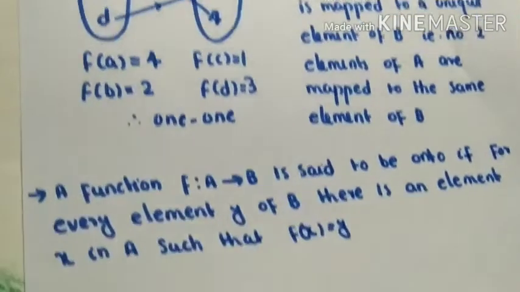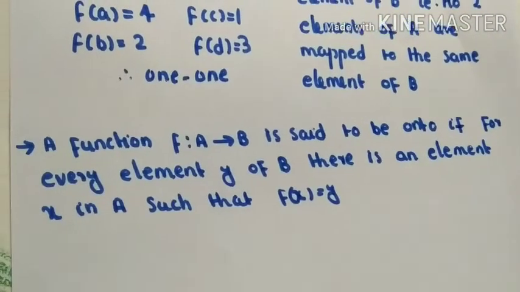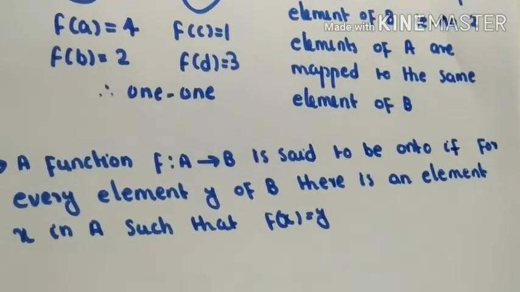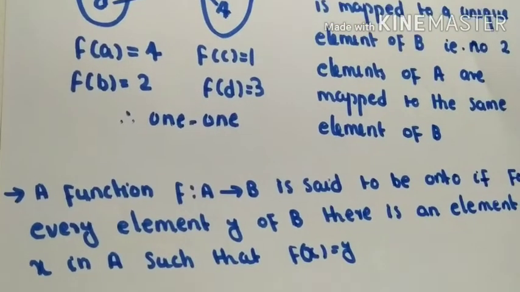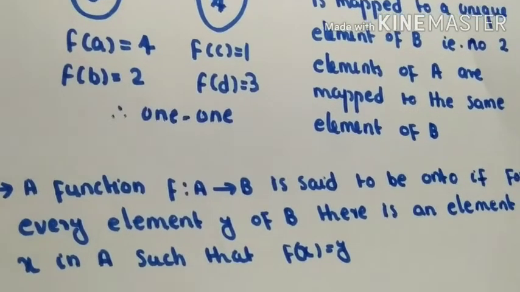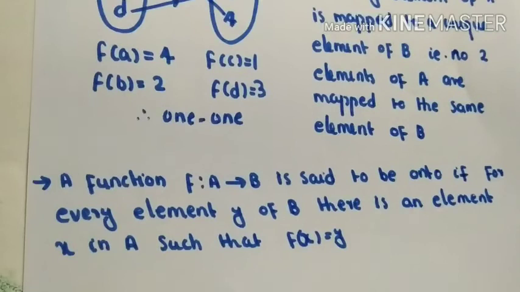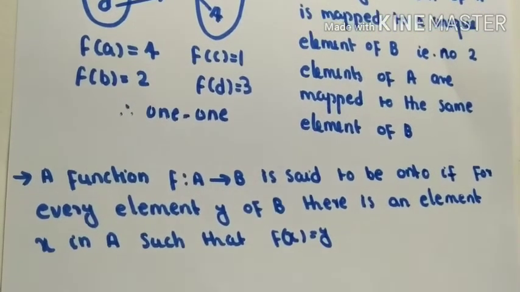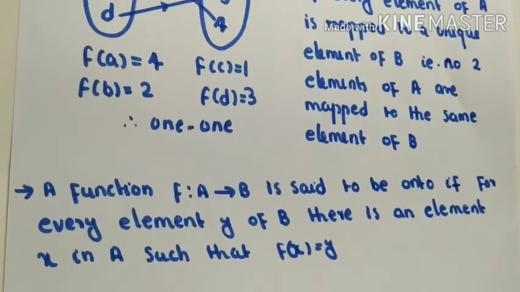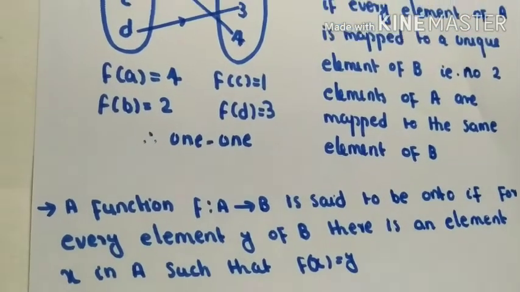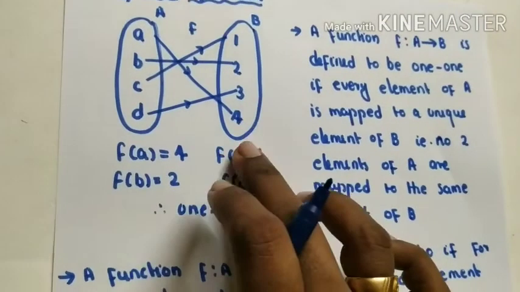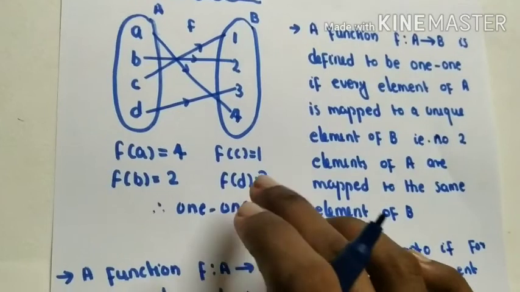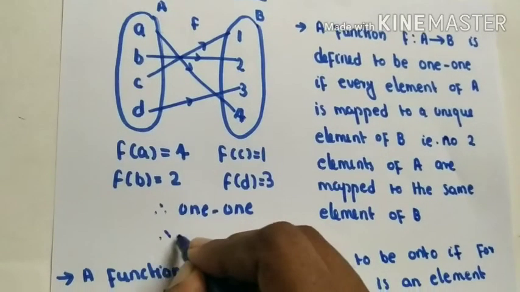And we have also learned that a function f from A to B is said to be onto if for every element y of B, there is an element x in A such that f of x equal to y. Here this function f satisfies this condition also, and hence it is also an onto function.